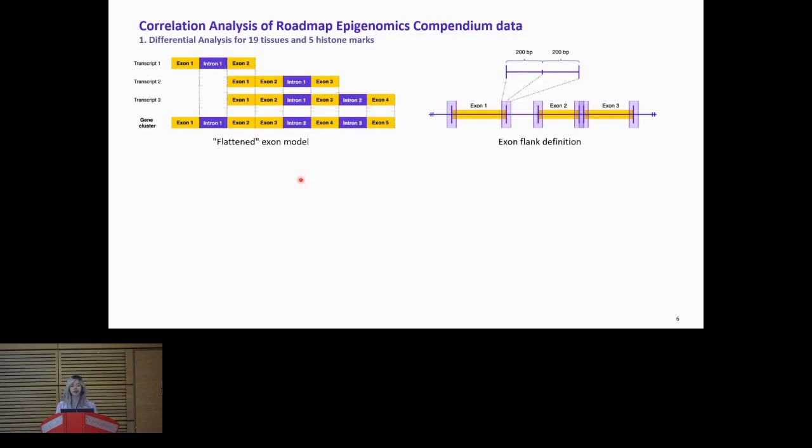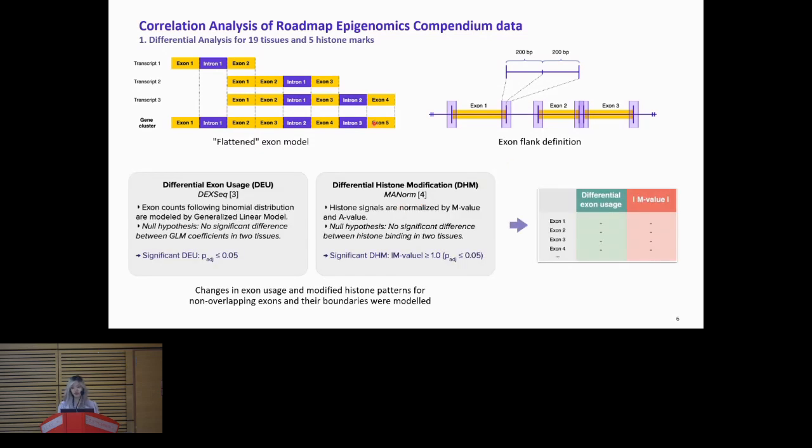Basically, if transcript variants overlap each other, then the new overlapping or non-overlapping regions define new exons. Secondly, we define exon flanks, which are the regions that we want to annotate the histone modification to. Those are the regions spanning 200 base pairs up and downstream from the splice sites.